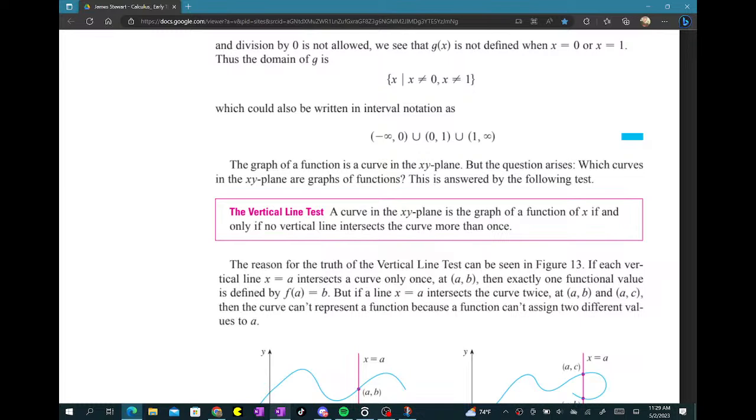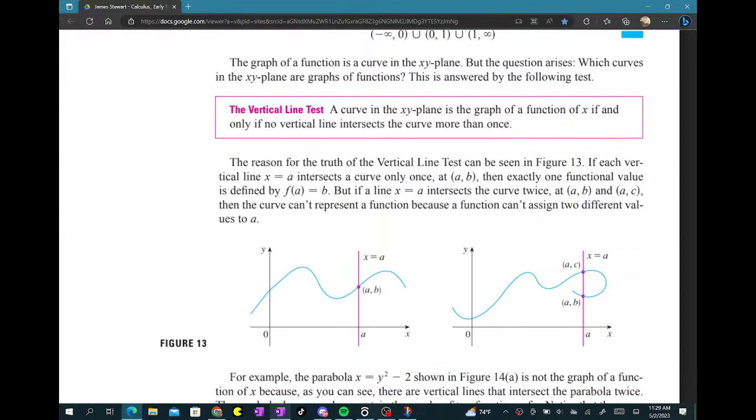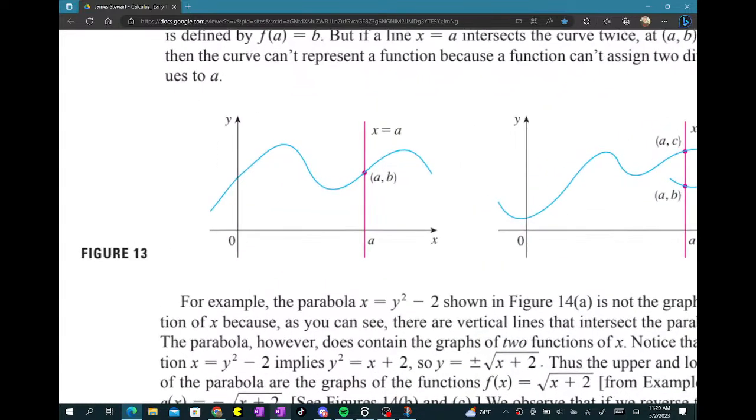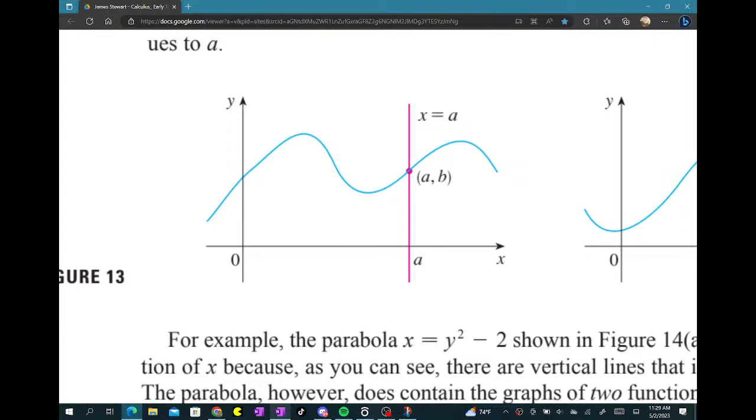If each vertical line x equals a intersects a curve only once at a comma b, then exactly one functional value is defined by f of a equals b. But if a line x equals a intersects the curve twice, at a comma b and a comma c, then the curve can't represent a function, because a function can't assign two different values to a. Okay, let me explain what all of that is saying. What they're saying is, let's say this blue curve is a function, and we draw vertical lines all over.